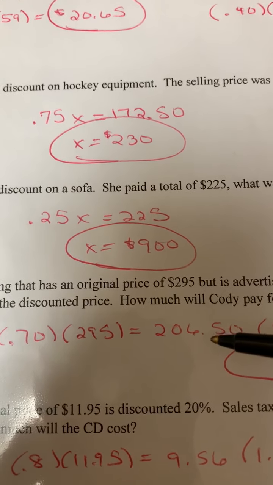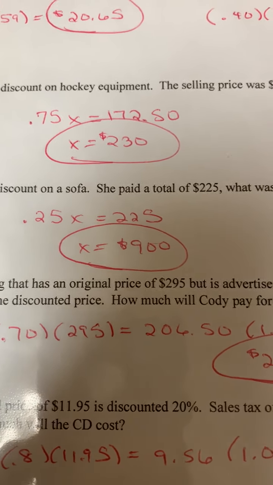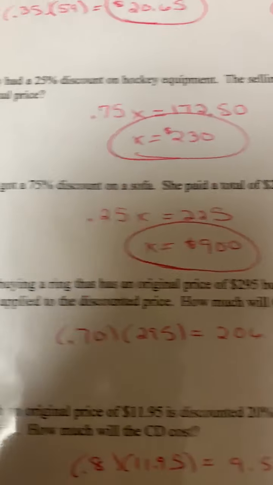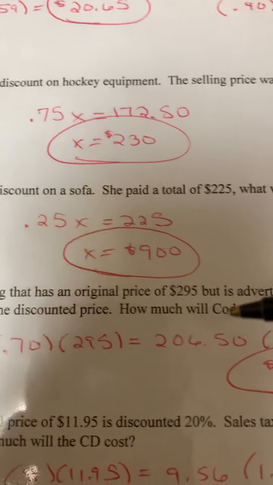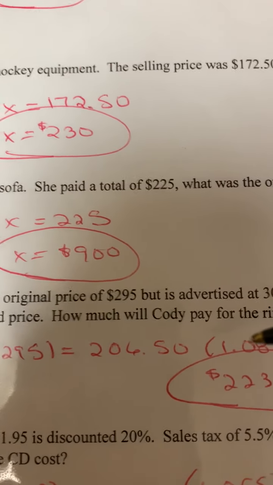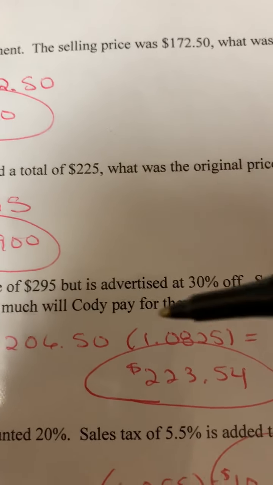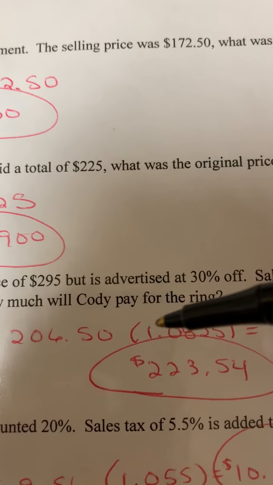But we're not done. You're paying $206.50, but then you are applying the sales tax. So the sales tax is 8.25%. Now remember, we're going to add a 1 in front of it. So let's go ahead and change that to a decimal, 0.0825. Just throw a 1 in front of it like we did with the previous questions back in numbers 1 and 2.